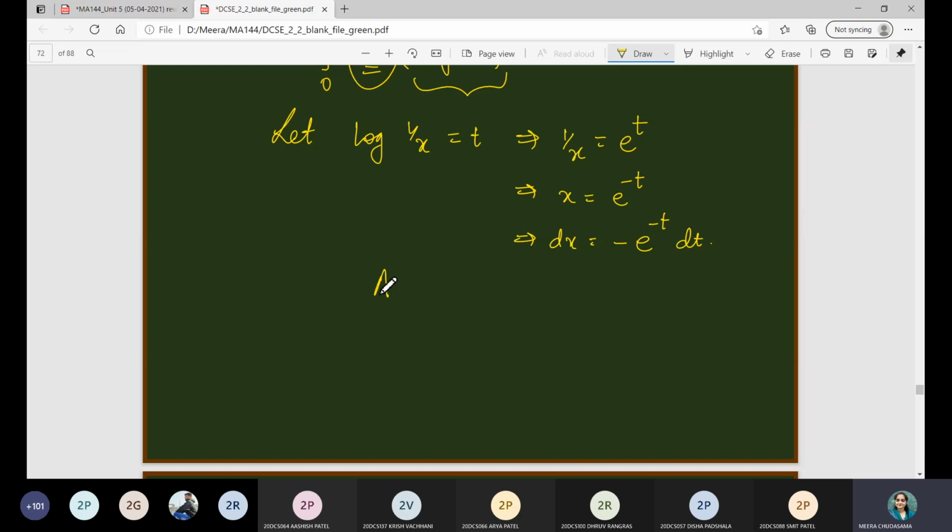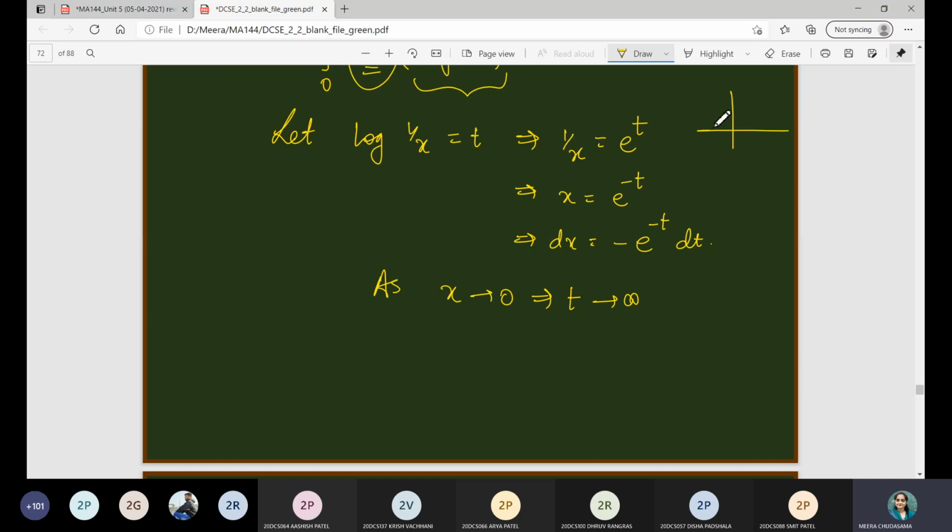So as x tends to 0, what will be the limit of t? Infinity. See, 1 upon 0 will be infinity.